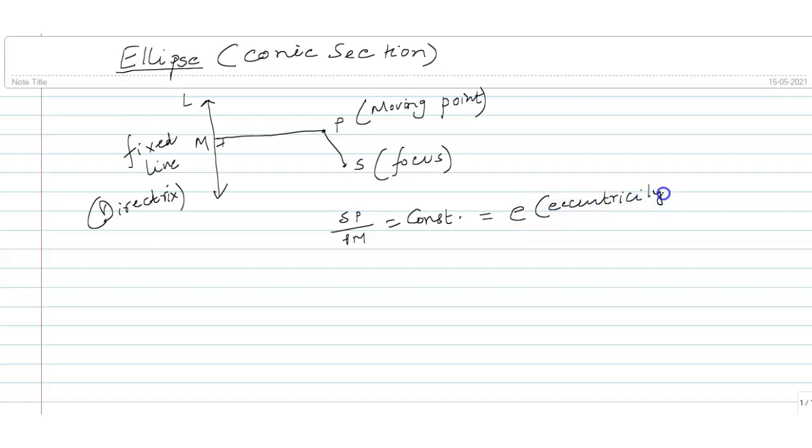If the eccentricity is less than 1, then it is an ellipse. Then the path followed by the moving point, or the locus of P, is an ellipse. It's a basic thing. For parabola it is 1.